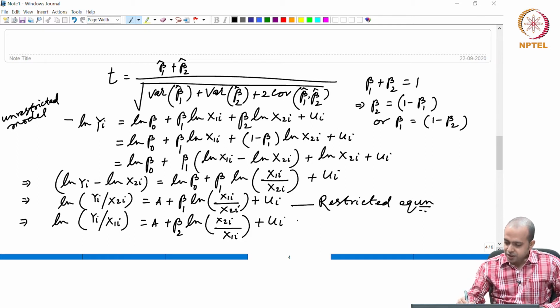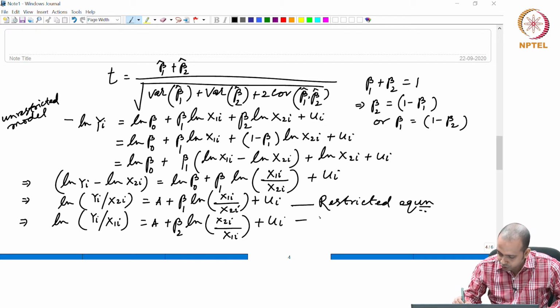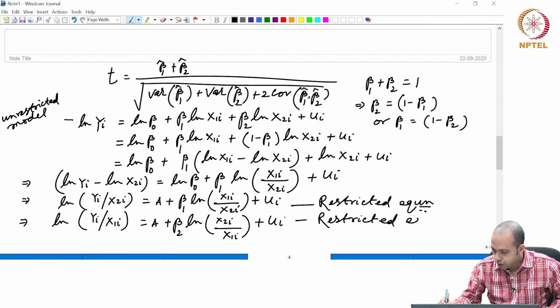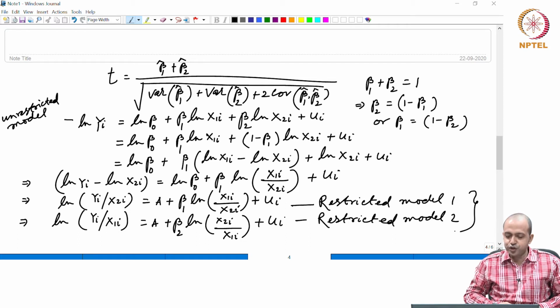This is also a restricted model. Instead of saying equation, I will say this is restricted model 1, this is restricted model 2. So, both are restricted versions.